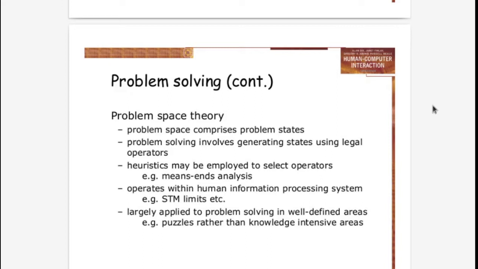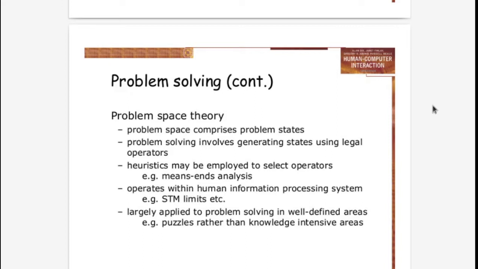Problem solving involves generating states using legal operators, and while solving these problems we need some heuristics, which may be means-ends analysis. This theory also says that the human has its own limitations, so it operates within the human information processing system, as long as in the short-term memory we cannot access information very quickly.